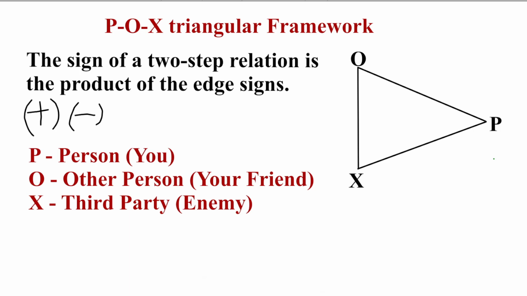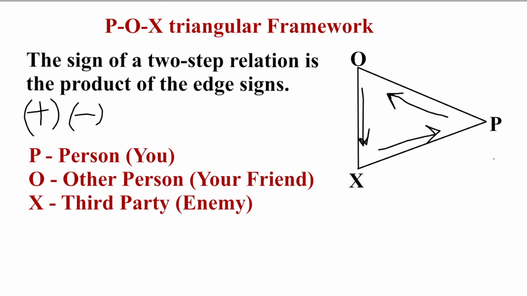So if we want to find out whether an existing relationship is a friendship or an enmity, then we take the product of the edge signs here, for example P to O, O to X, and then X to P, or P to X.